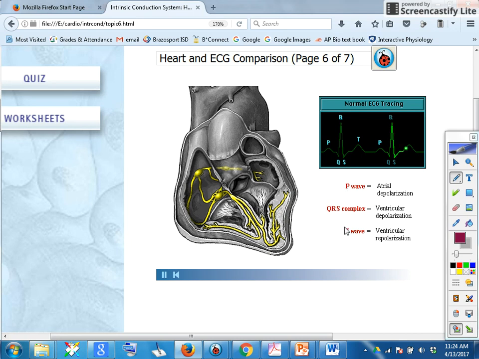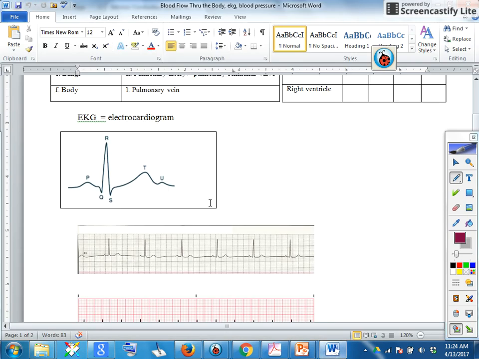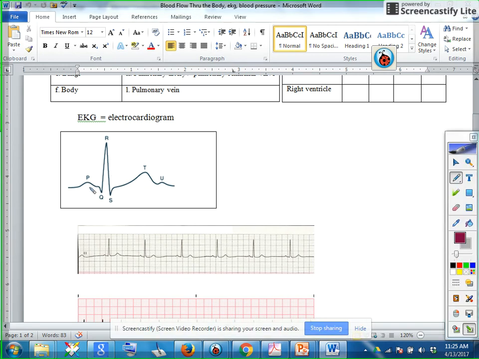All right. So if you'll find this document, I believe you picked it up, handed out Thursday. You have this little EKG. Okay.